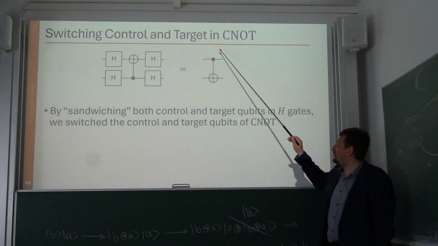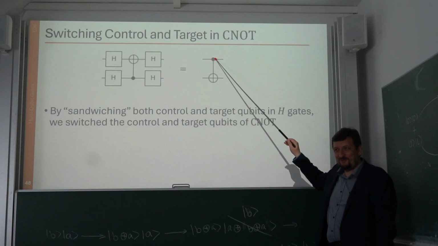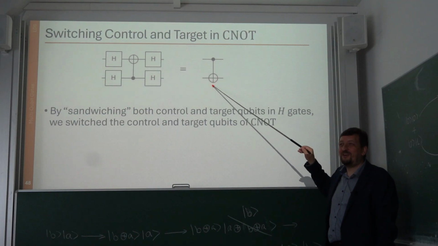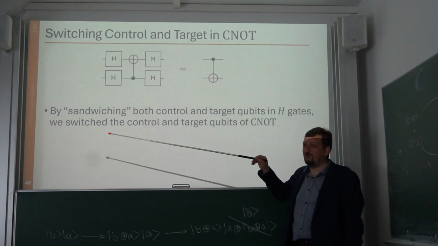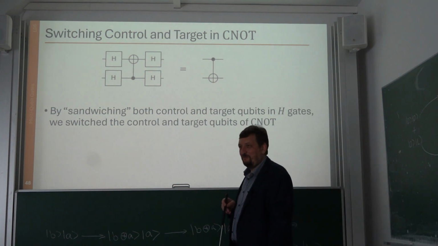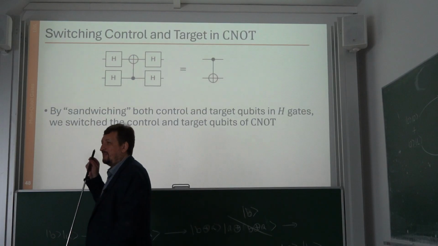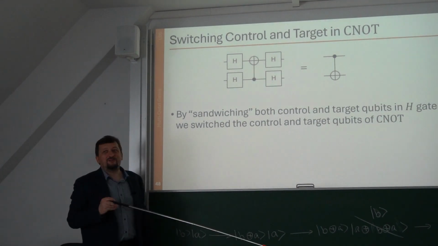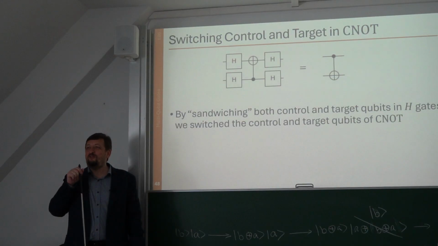Now nothing happens to this qubit, and all the action is in the qubit that was previously controlled. When I first saw this, it was very amazing, how we can do this.